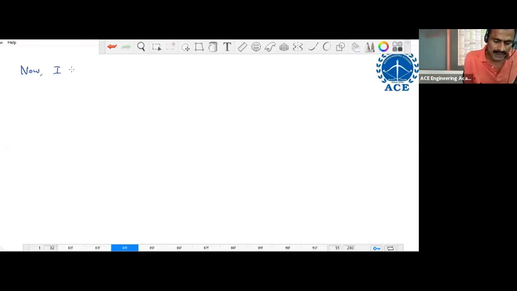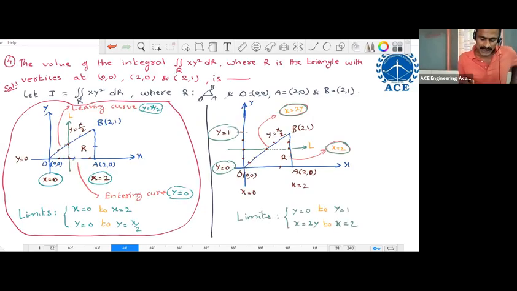Now I equal to the double integral over R of x y square dR. Let us find the value of the integral by using the line parallel to the y-axis. When the line is parallel to the y-axis, y is changing, meaning variable limits for y.